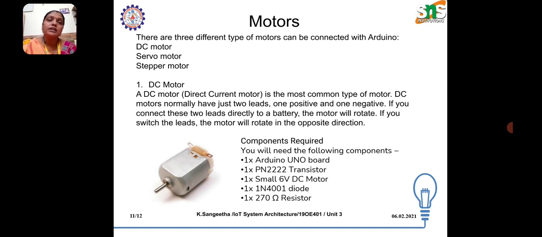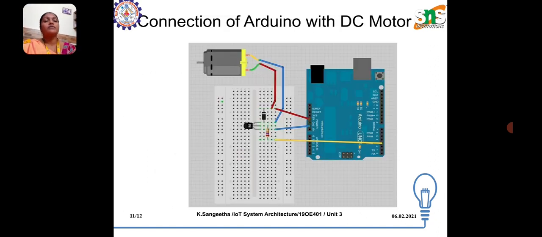There are some additional components required to connect the Arduino with the DC motor: an Arduino board, a PN2222 transistor, a 6 volt DC motor, a 270 ohm resistor, a 4.7 kilo ohm resistor, and a 1N4001 diode. These are the components required to connect the motor with the Arduino board.